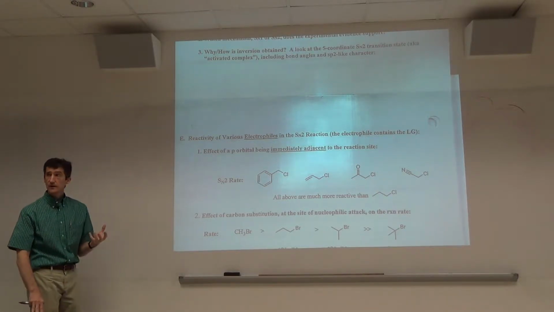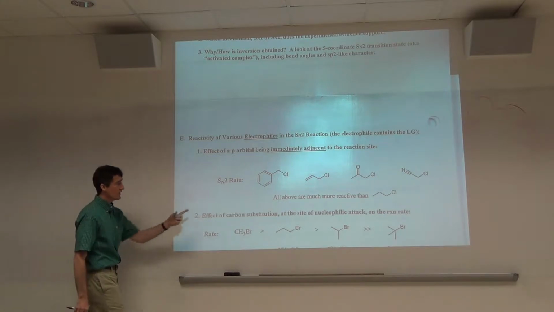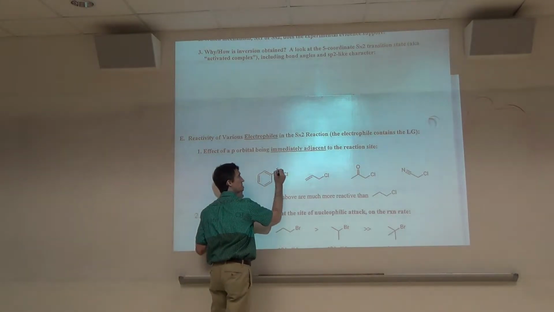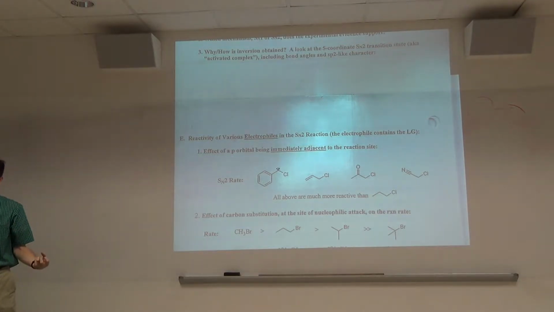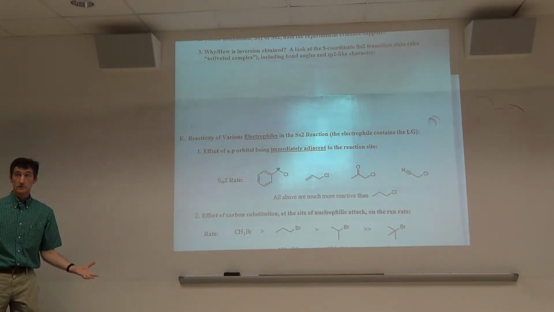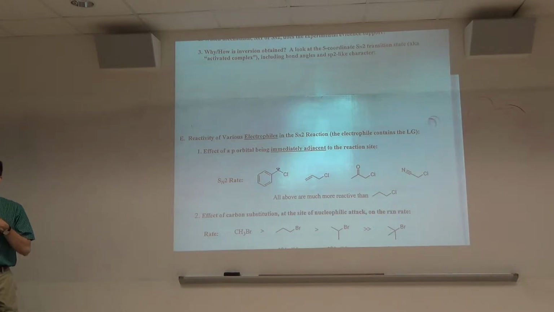What do we call electrophile? These are all the electrophiles because there's a partial plus right there due to the dipole. And partial plus likes electrons. And something that likes electrons, we call it an electrophile. Like wine, we call it a winophile.